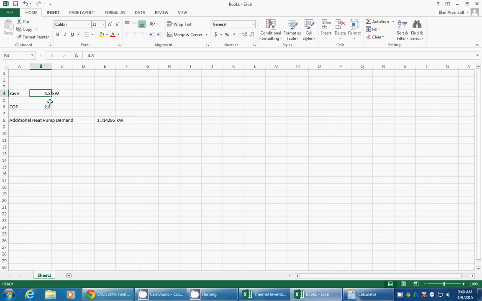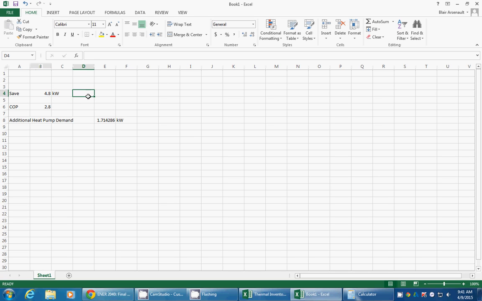All the time. When our heat pump, if it was sized perfectly on the coldest day of the year, it would run nonstop. So the heat pump would be sized to meet... okay, this runs 4.8 kilowatts all the time.